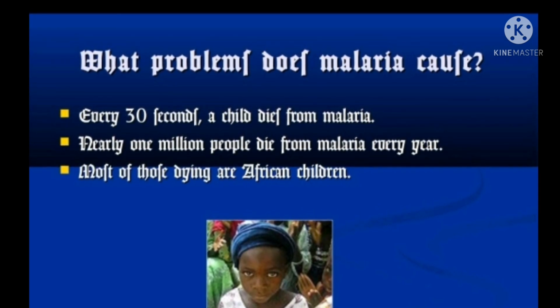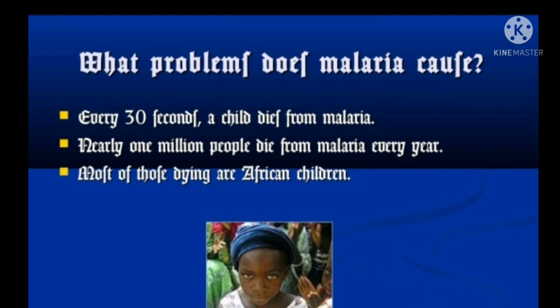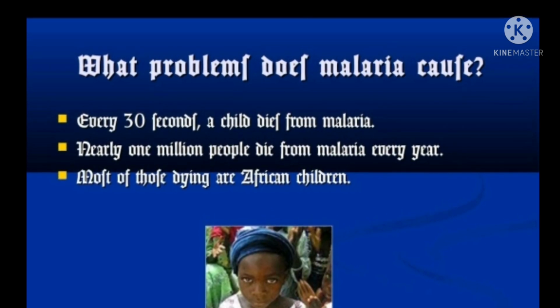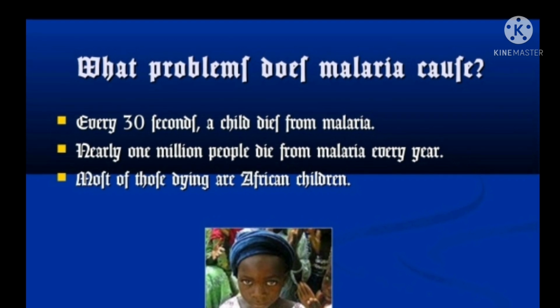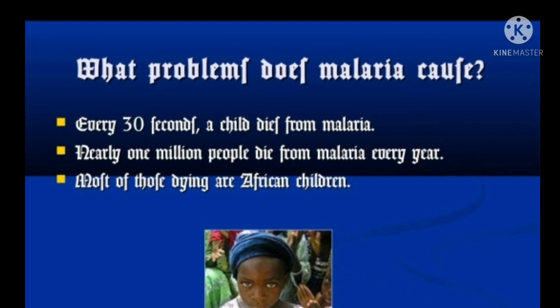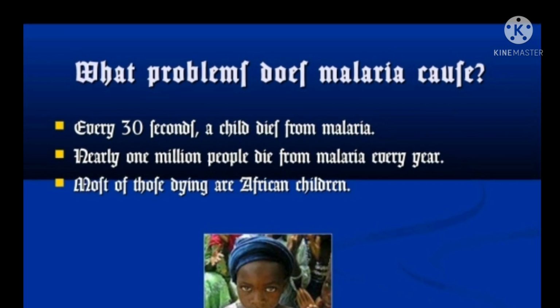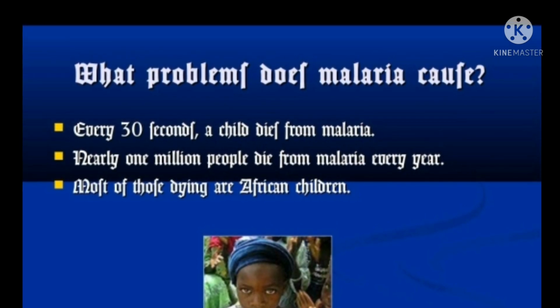The death of 1 million people just because of malaria caused by mosquito and this plasmodium which goes inside the body and cause this particular disease.